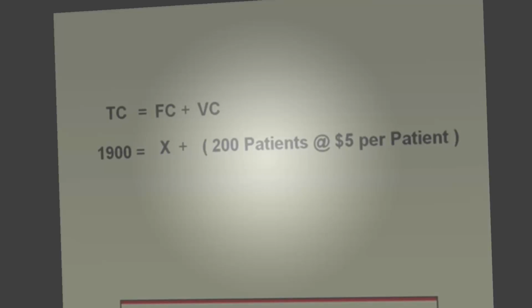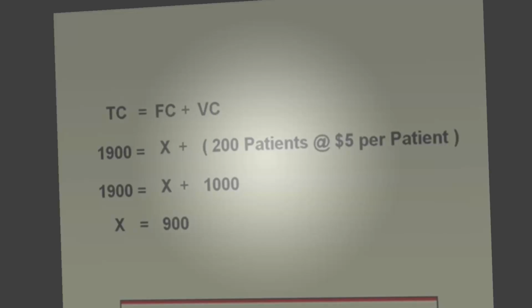The total cost, $1,900, equals fixed cost, you don't know it, so take it as X, plus variable cost. At that level, it's 200 patients, and you know it's $5 per patient. So $1,900 is the fixed cost plus the variable cost, which is $1,000. So if you solve, what's the fixed cost? 900.